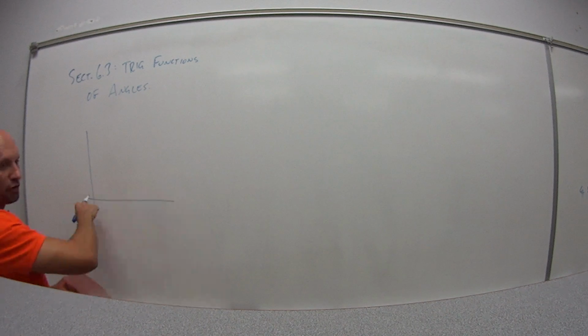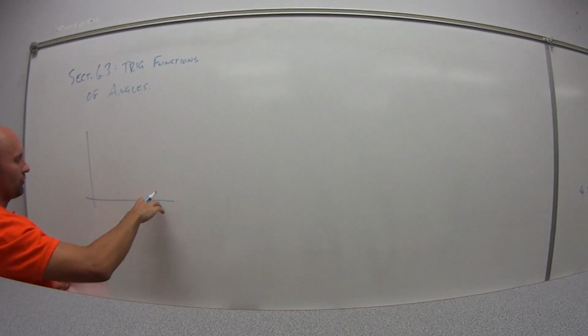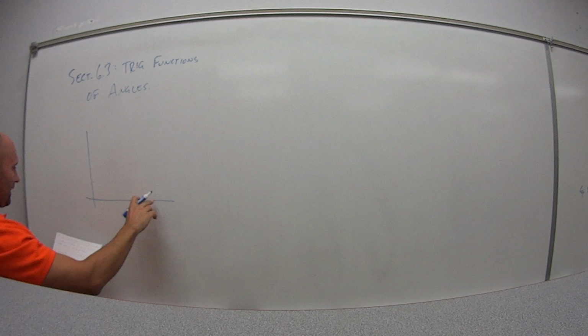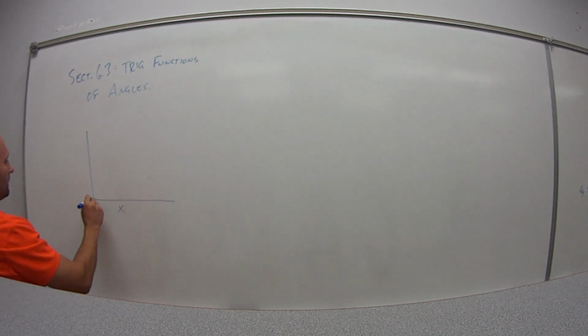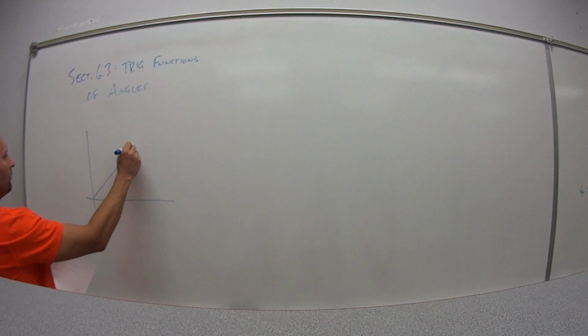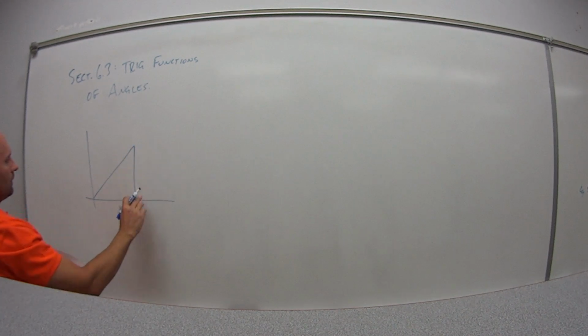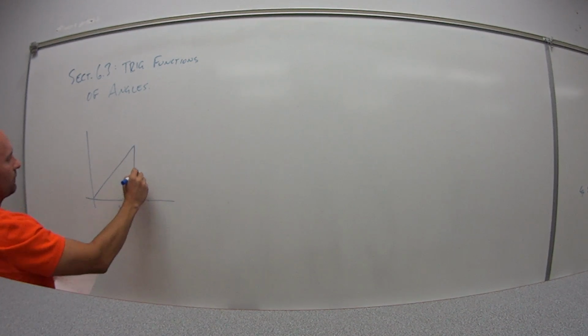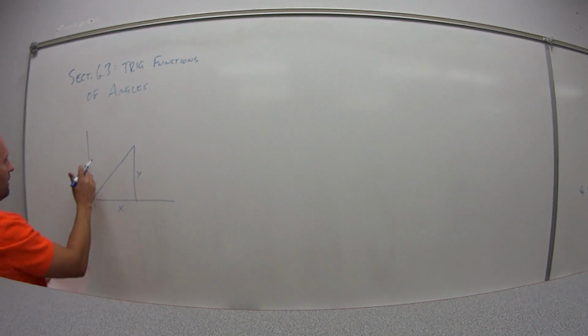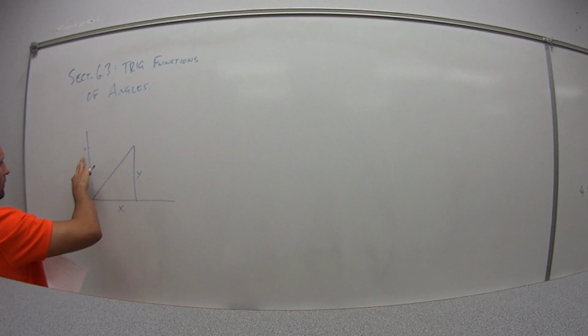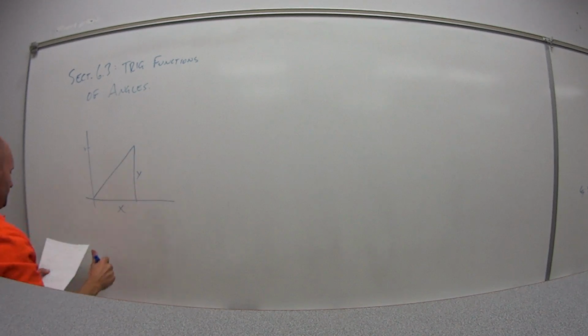Remember, standard position had its initial side on the positive x-axis. So let's call that x. We have a terminal side. This side over here has value y. Whatever the height is that we're coming up on the xy plane, it's the same height over on this side.